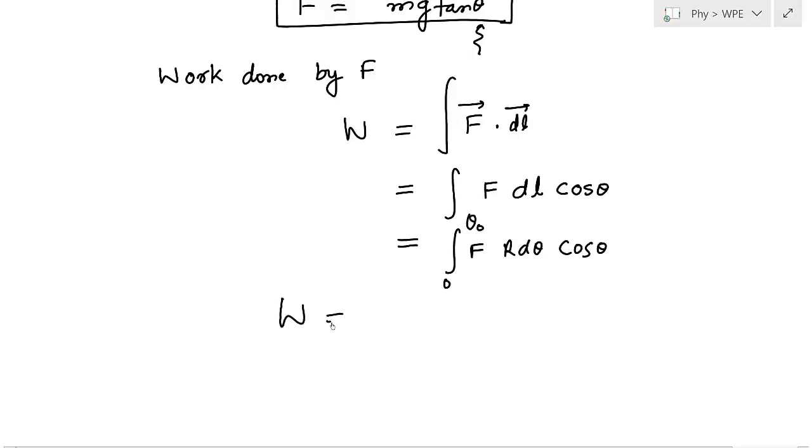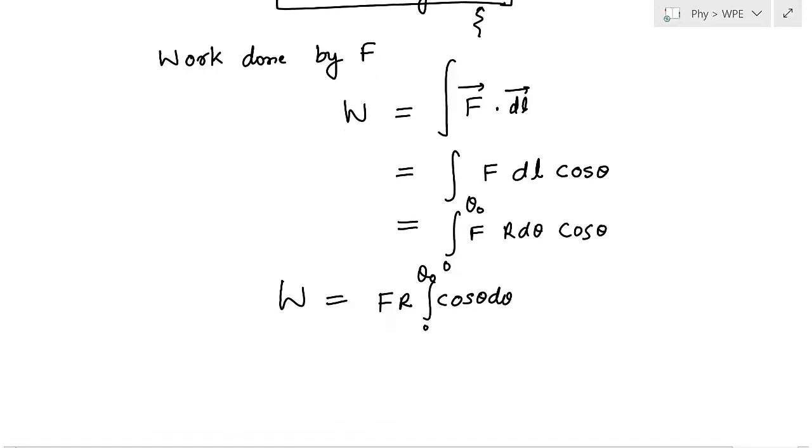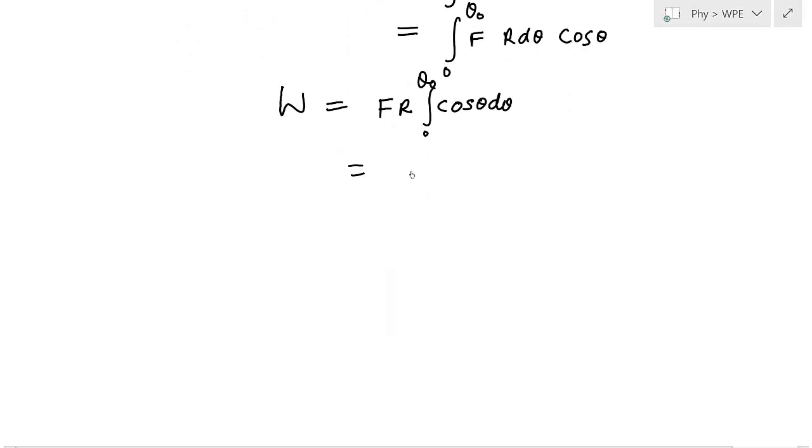So from here I can write W equals F, r is constant, and then cos theta d theta from 0 to theta naught. Basically I missed one thing: because F is not constant, I have to plug in the value of F also. So let us put in the value of F and then we can integrate.